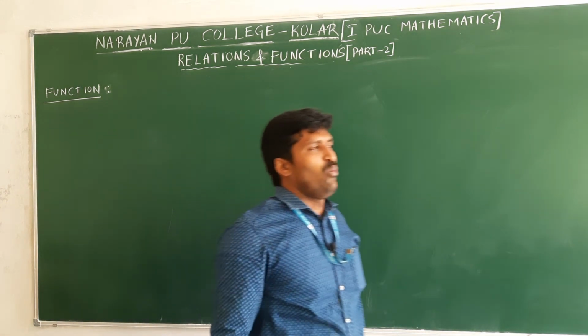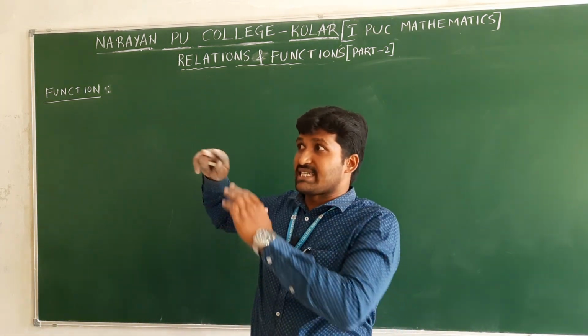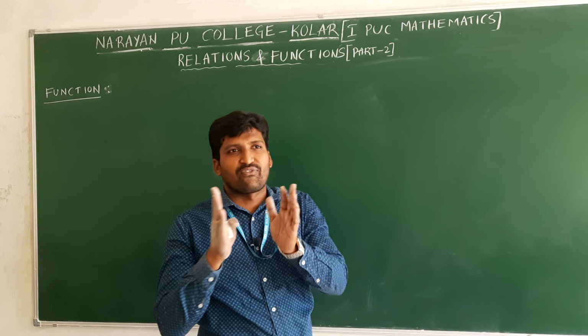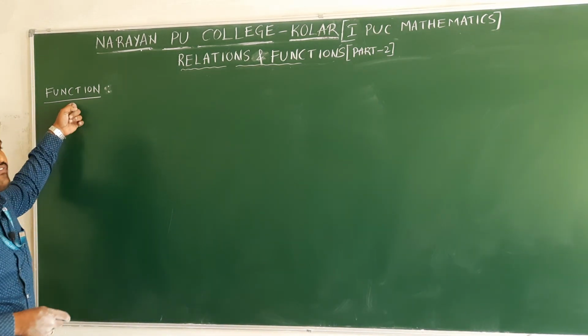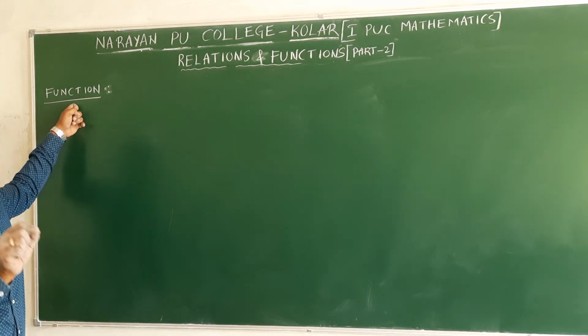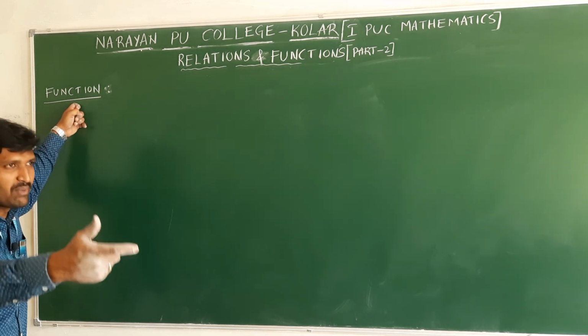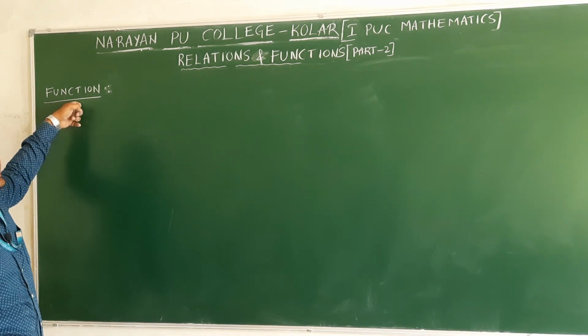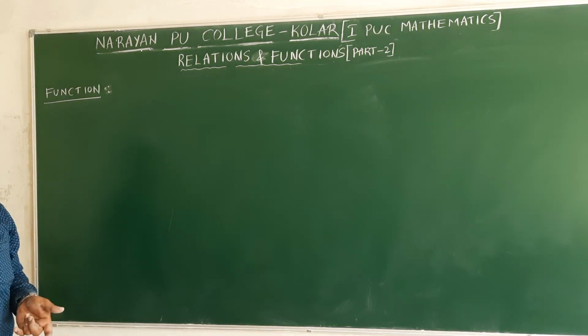When that relation is said to be a function, we need to understand the difference between function and relation. Function definition: a relation small f, f stands for function, becomes a function when each element in set A has only one image in set B.